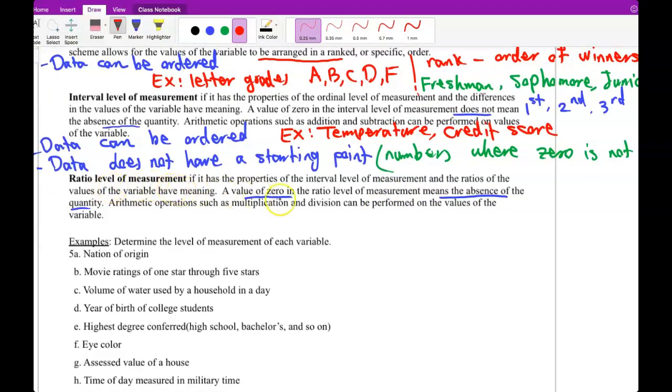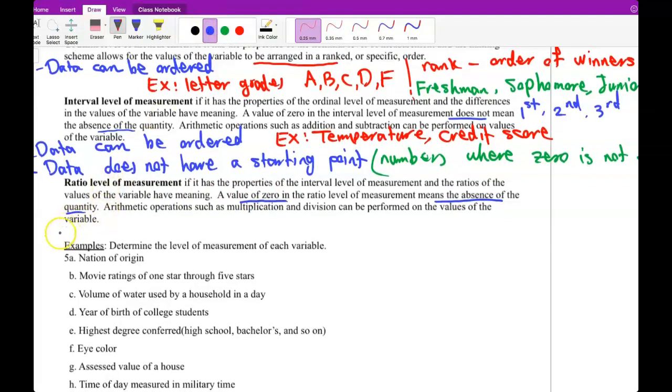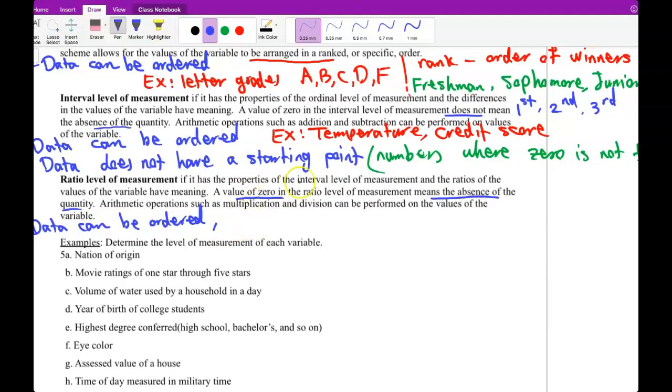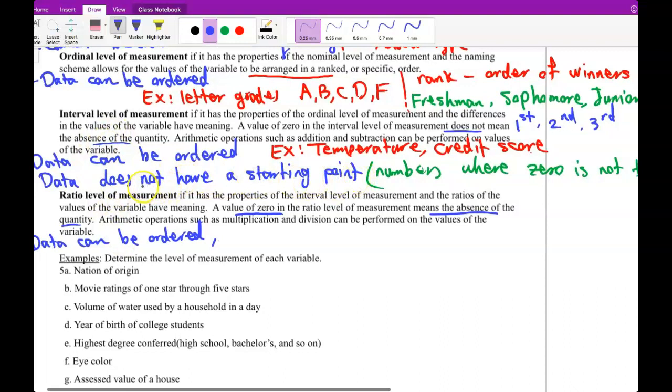Next one, ratio level of measurement. Here again, we have the same thing, data can be ordered. And the data have a starting point. The first part was exactly the same as the interval part, but here instead of not having a starting point, we do have a starting point.